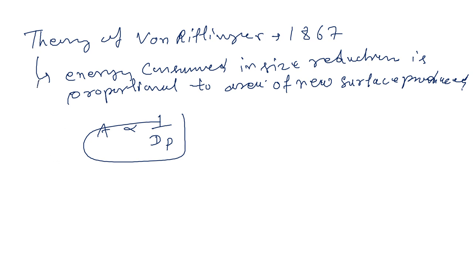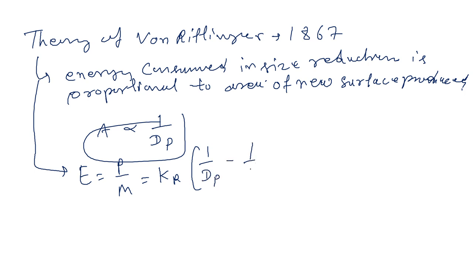The equation of this theory is E = P/M = K_R (1/dP - 1/dF).